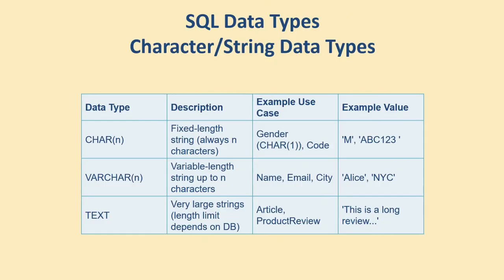And maybe this varchar, the length here will be changeable. For example, we have names with 3 characters. We have other names with 11 characters. Okay. Then we have the text for a very large string, like article, product review, etc.